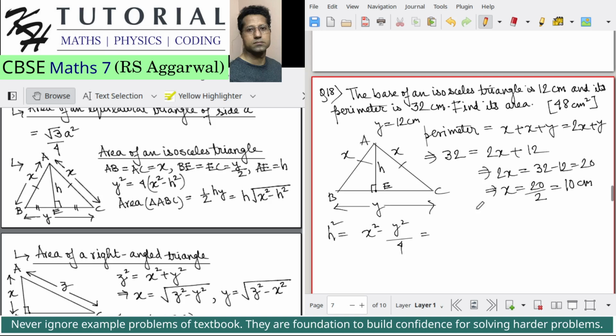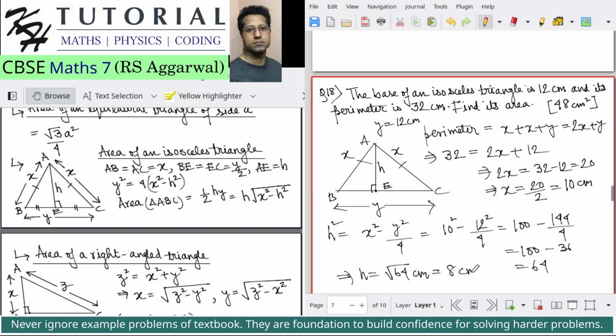So h square is x square, which is 10 square, minus y square, 12 square, by 4. This is equal to 100 minus 144 by 4, which is equal to 100 minus 36, which is equal to 64. So this implies h is equal to square root of 64 centimeter, which is equal to 8 centimeter.